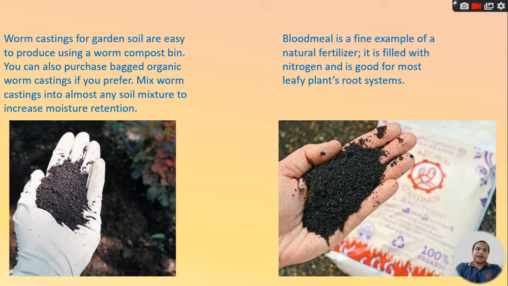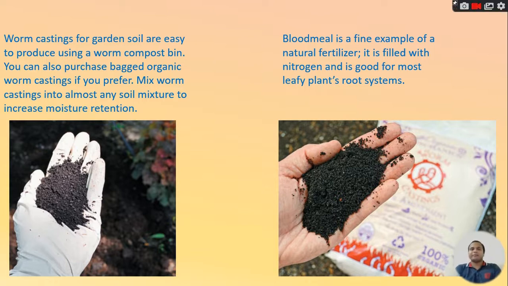You can also purchase bagged organic worm castings if you prefer. Mix worm castings into almost any soil mixture to increase moisture retention. So this sort of soil not only gives the proper nutrients to the plants, but also provides more moisture retention capacity.